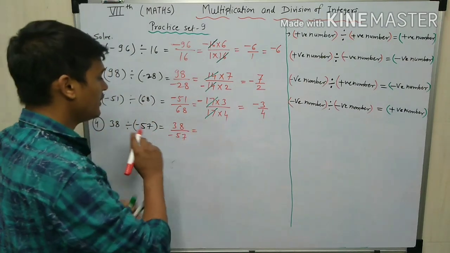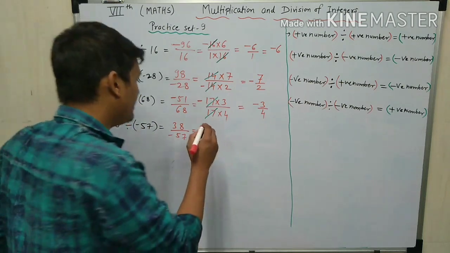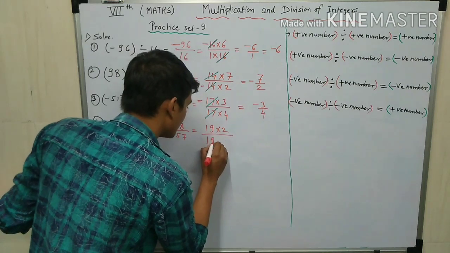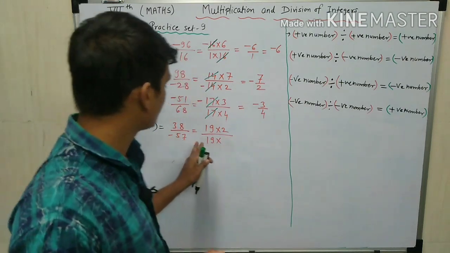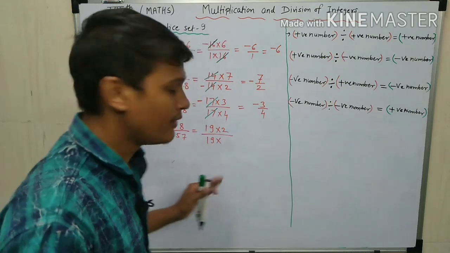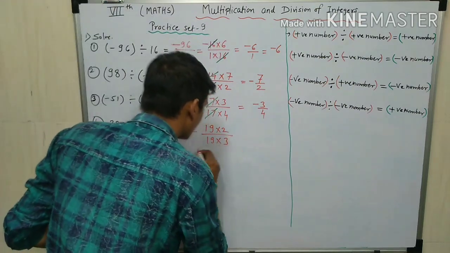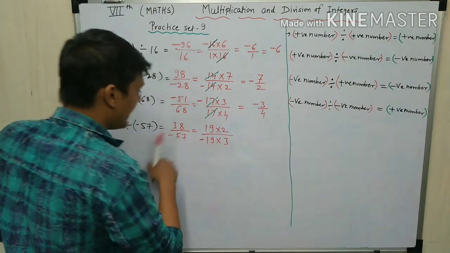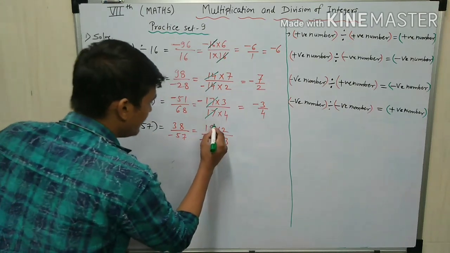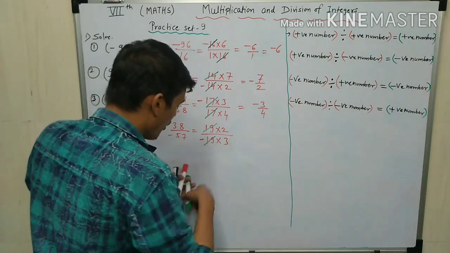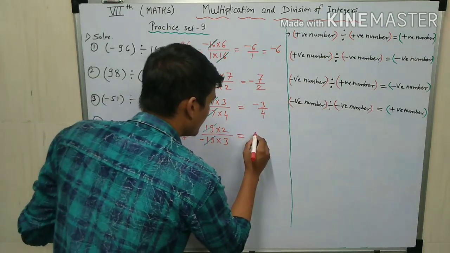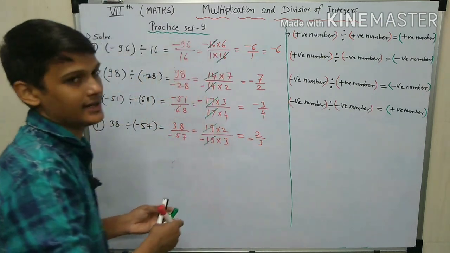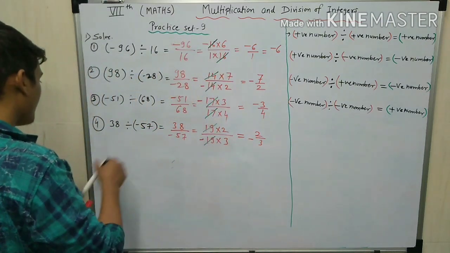Which table is 38 in? 19 twos are 38 and 19 threes are 57. There is a sign here, we can write here minus sign, and the 19 is cancelled. Is equal to 2 upon 3. The sign is negative, you can write here minus sign. Understood?